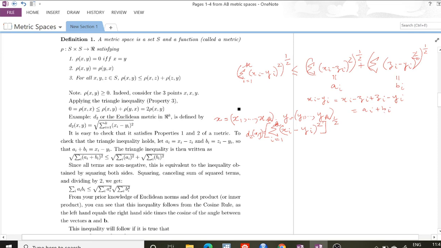Okay, so then we have converted the xy, xz, and zy version of the triangle inequality to this one here. On the left is the square root of the sum of (ai plus bi) squares. And on the right is the sum of these two, the square root of the sum of ai squares and the square root of the sum of bi squares.